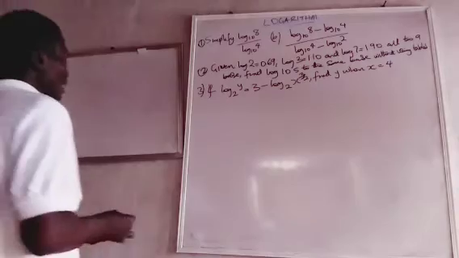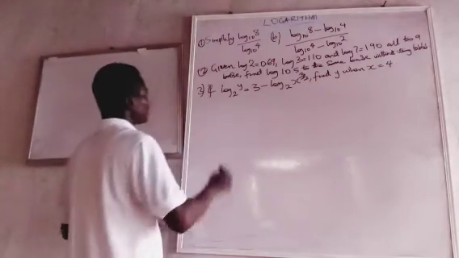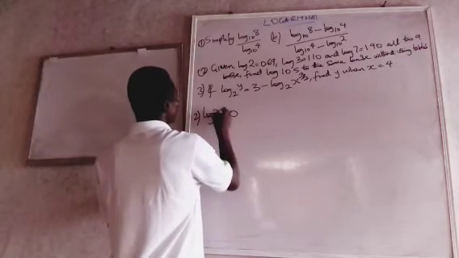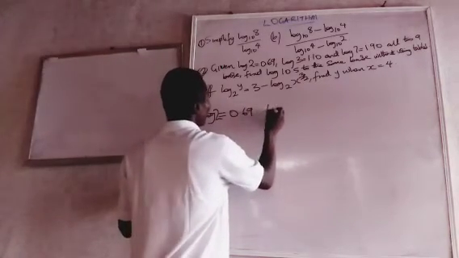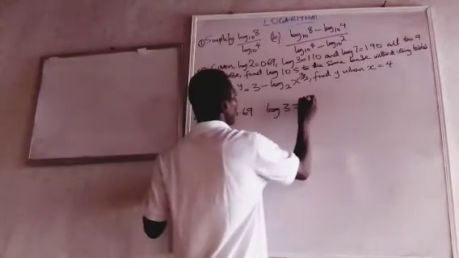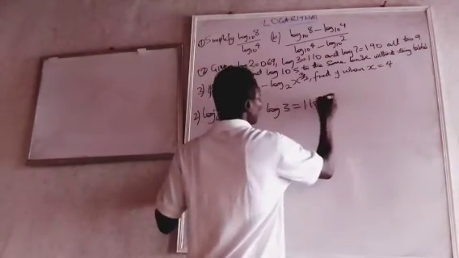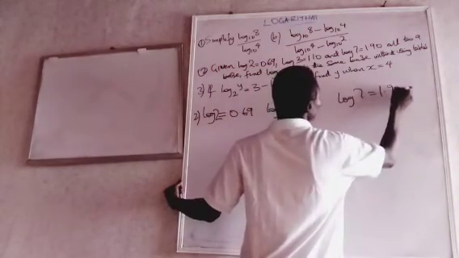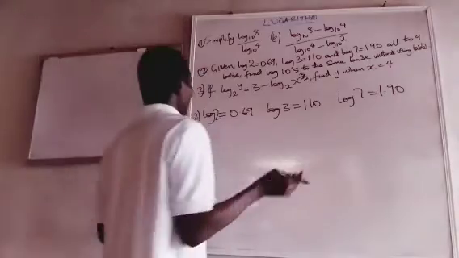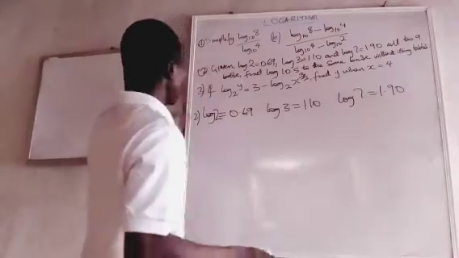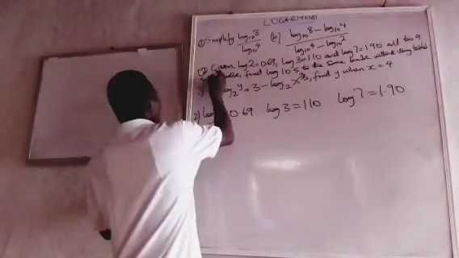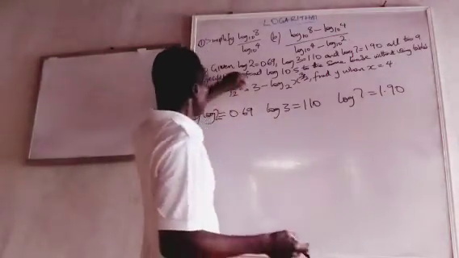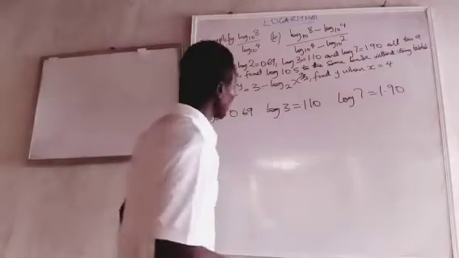Now this one says, given that log 2 is 0.69, log 3 is 1.10, and log 7 is 1.90, all to a specific base. The base I don't know, and I don't even have to find the base. So thank God. Find log 10.5 to the same base without using table.